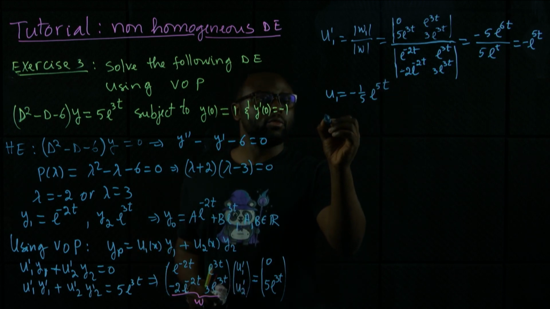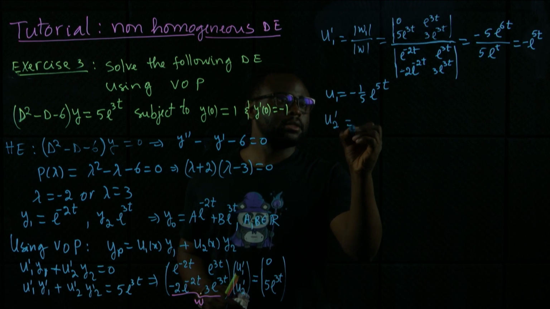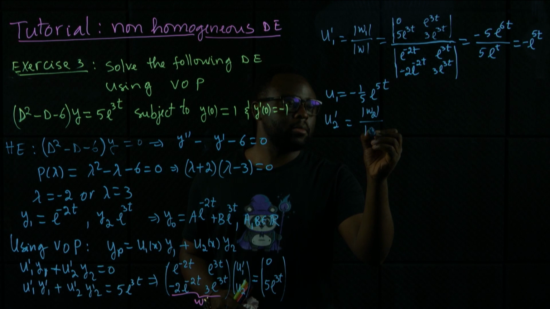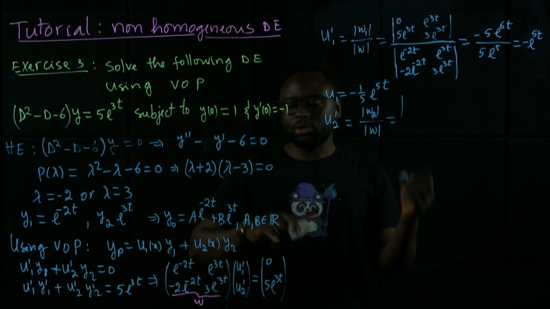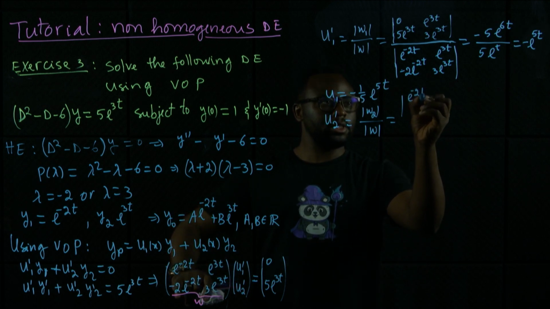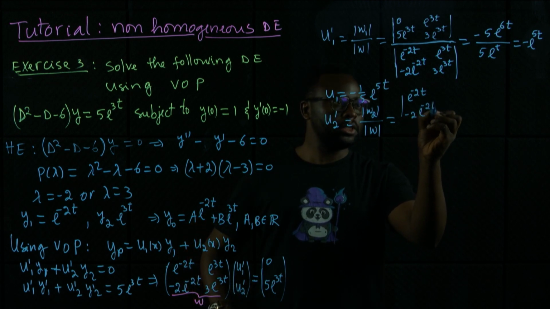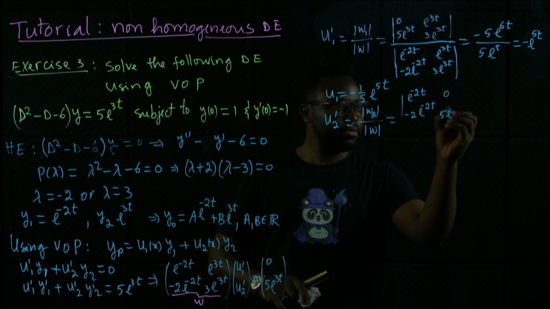All right, we move to the second one. The second variable is omega 2 over the determinant of omega. For omega 2, we start with the first column, which is e to the power minus 2t and minus 2 times e to the power minus 2t, and the second column is 0 and 5 e to the power 3t.